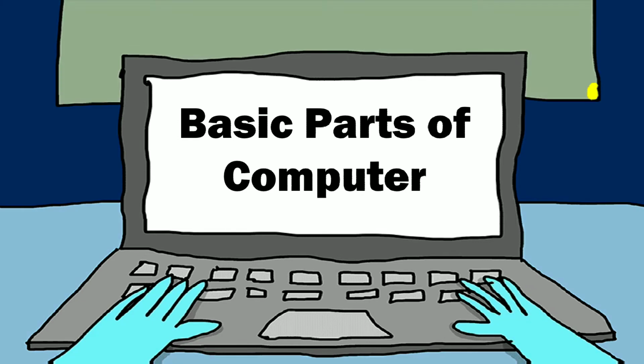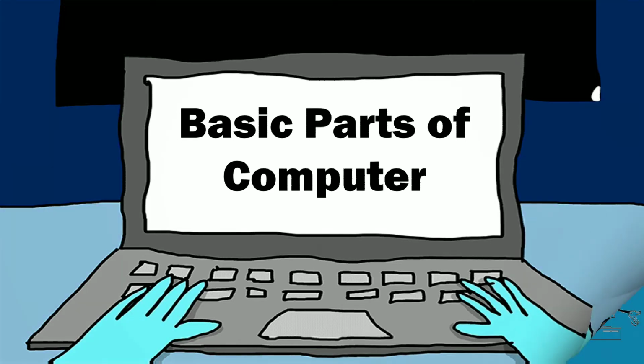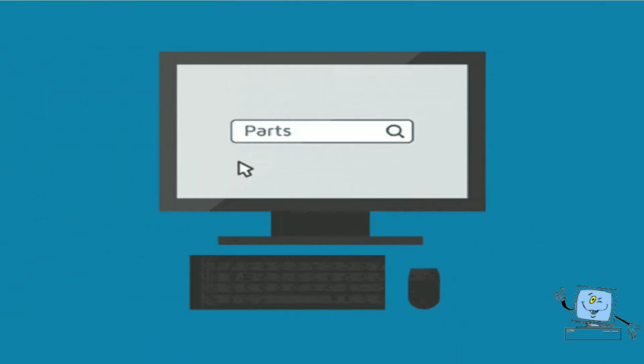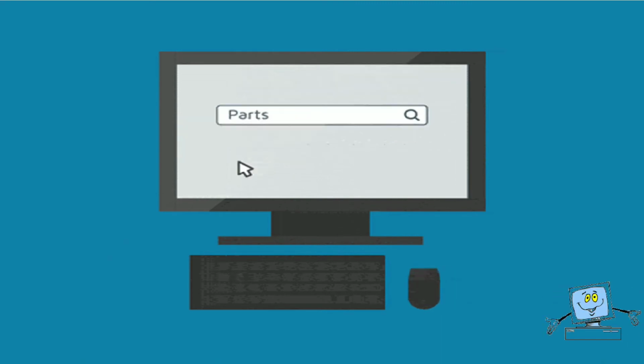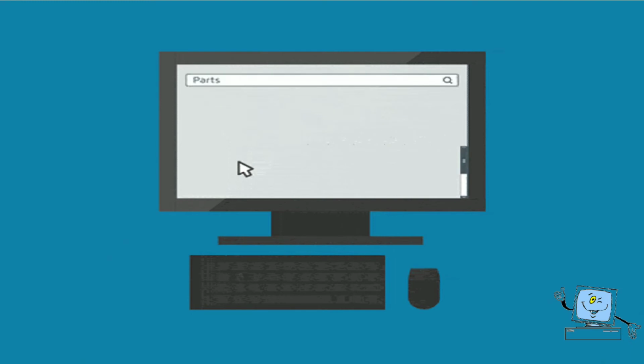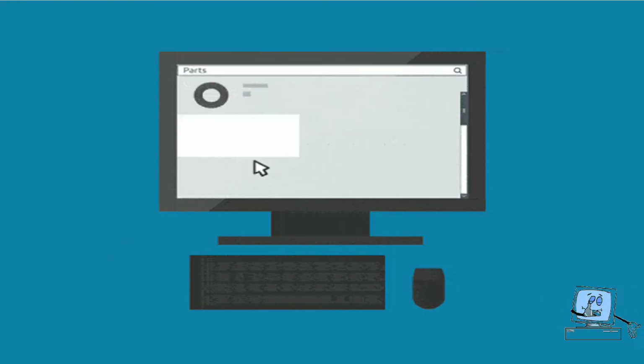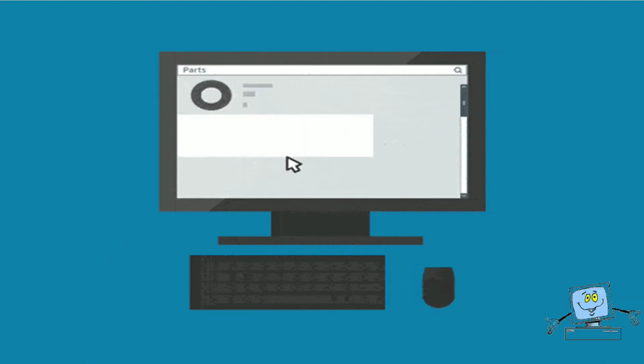Now, let's proceed to the parts of computer. If you use a desktop computer, you might already know that there isn't any single part called the computer, because a computer is really a system of many parts working together.